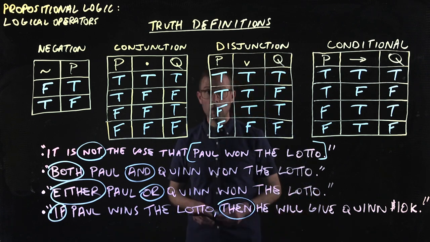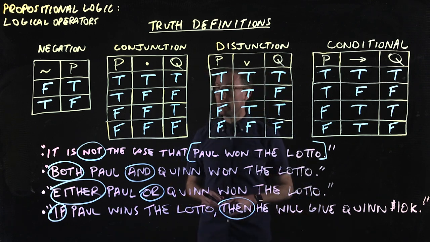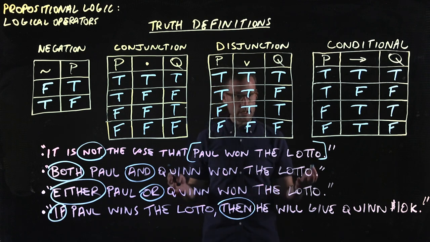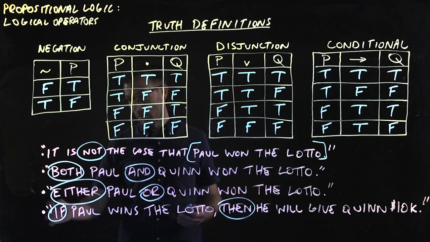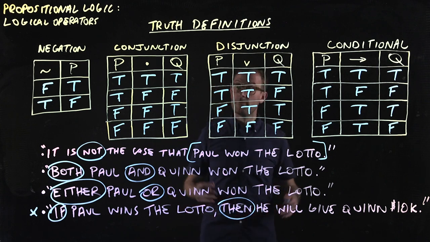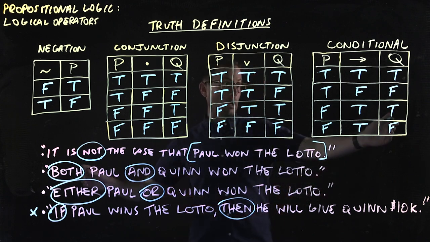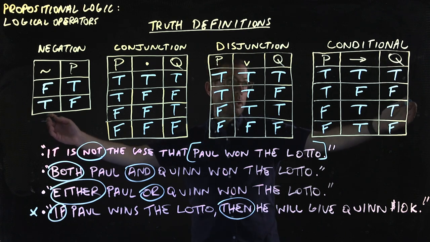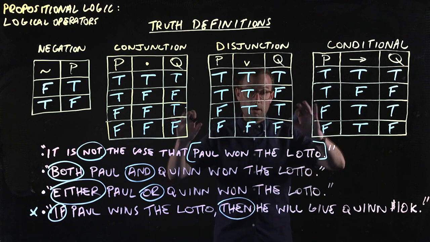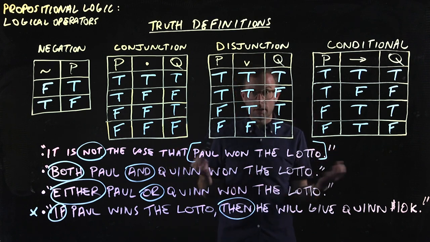Okay, and this is going to be really important for our understanding of the various argument forms that are coming up: modus ponens, modus tollens, and the like. Right? It all comes down to how each of these operate according to their truth definitions, and for modus ponens and modus tollens specifically, how conditionals work. Okay, so it's very important that we all get a really firm understanding of each of the truth definitions and identify them when they are within a broader argument.